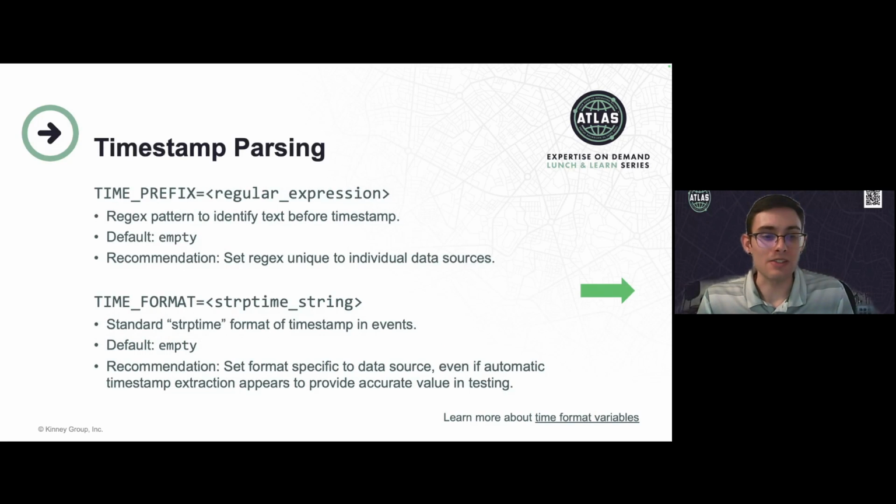Time prefixes are a default empty string. So Splunk is really good at looking at events and by default will read a certain distance into an event to look for anything it can interpret as a timestamp. A very simple optimization we can do for individual data sources is specify some regex that tells Splunk where it actually needs to start.